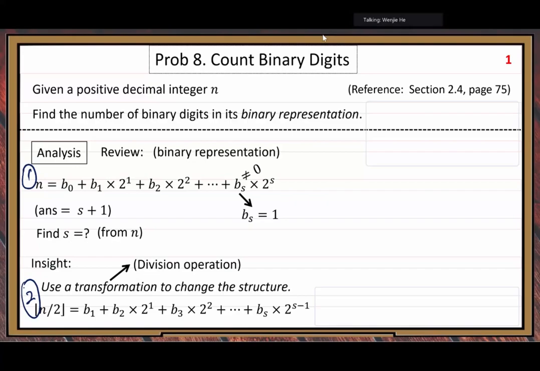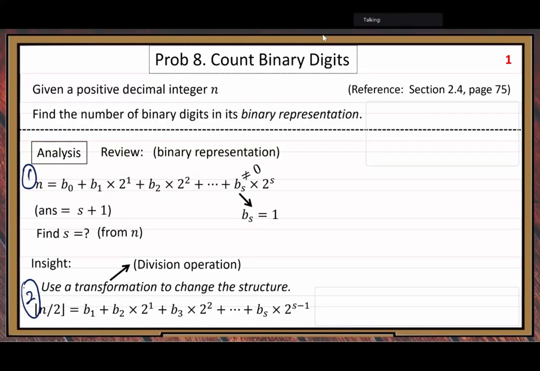In our final step we cannot use temporary variables, but in intermediate steps we can. So the number of bits for the floor of n over 2 is S, but the number of bits for the binary representation of n is S plus 1. The difference is 1.